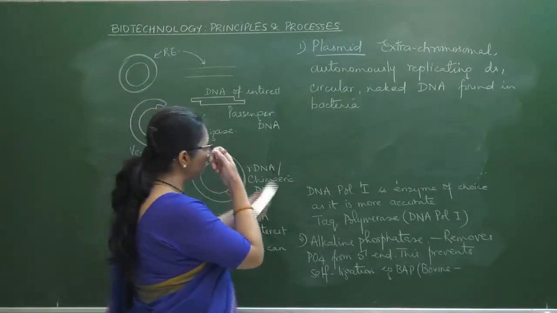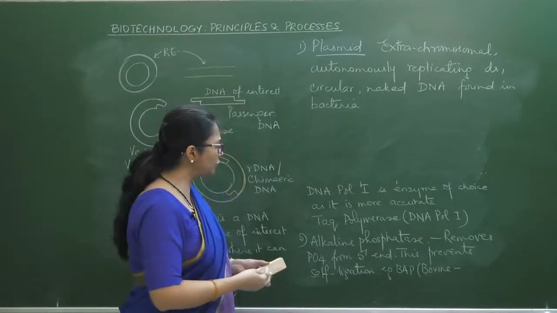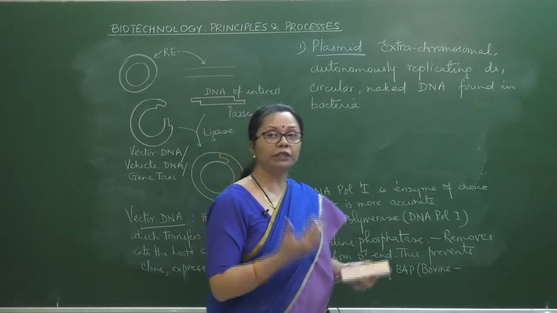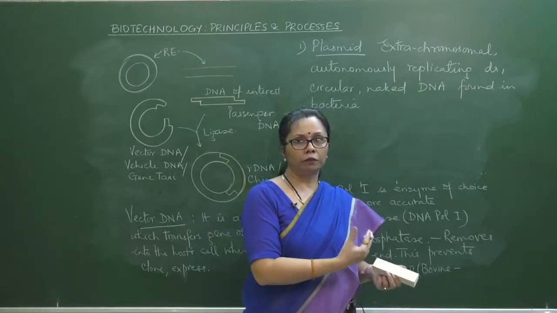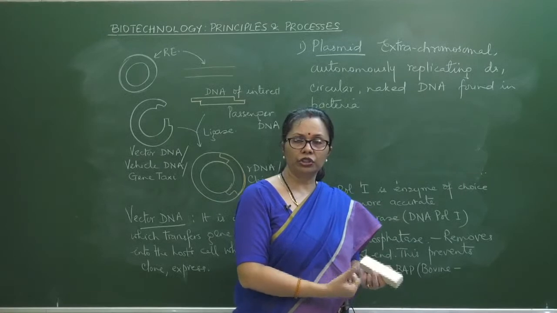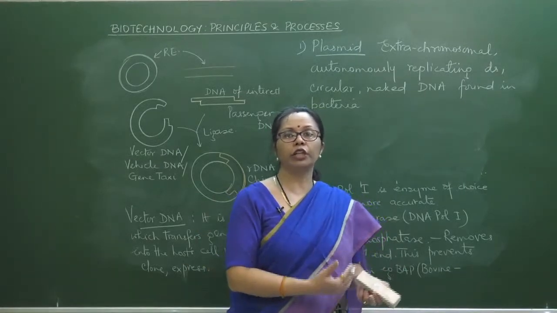Anyway, coming back to this, a number of plasmids have been developed. Stanley Cohen developed plasmids. For example, from one of the bacteria he took out the antibiotic resistance gene, put it in the plasmid, and then transferred that plasmid into E. coli.